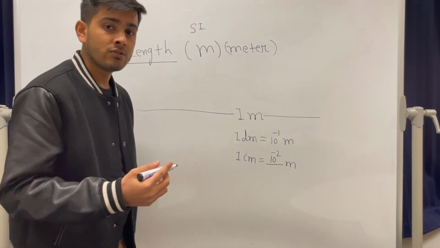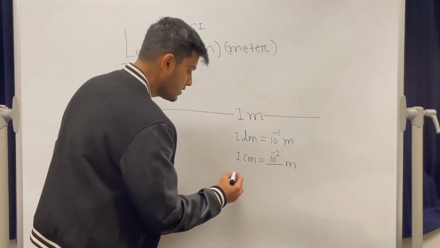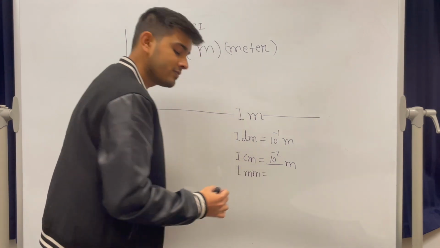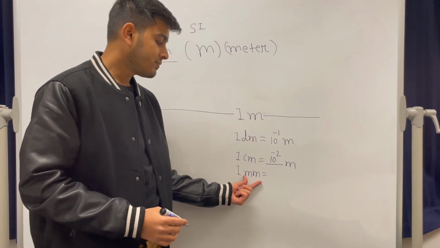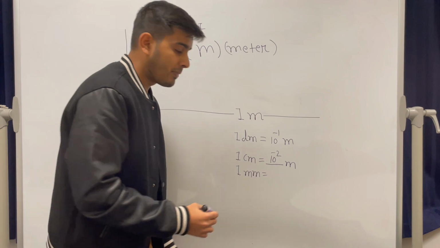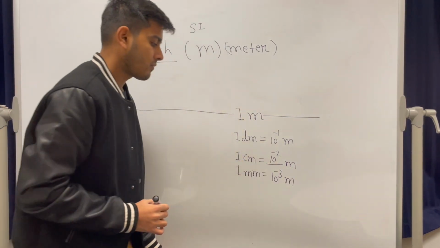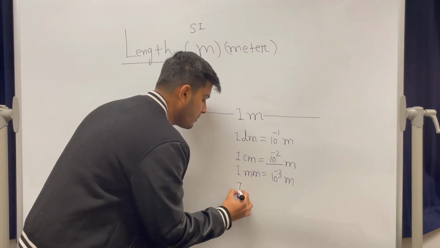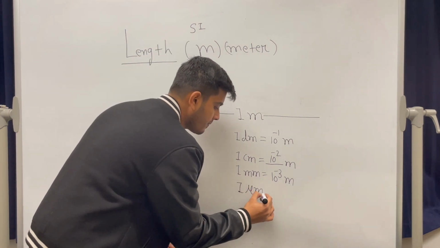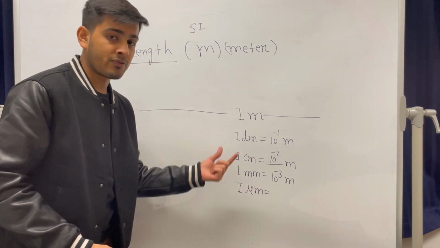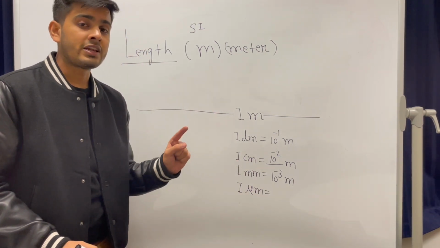Then what do we have? Millimeter. 1 millimeter is going to be 10 power minus 3 meter. Likewise, 1 micrometer: if you remember from the prefix, micro is 10 raised to minus 6.